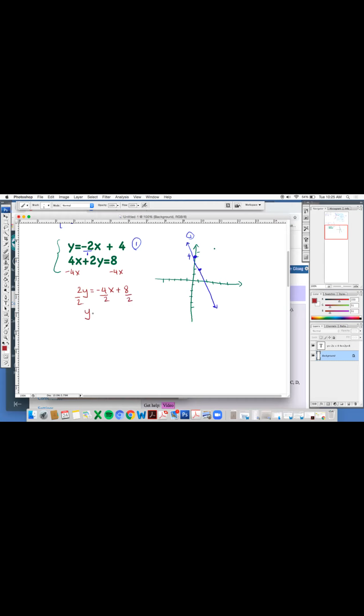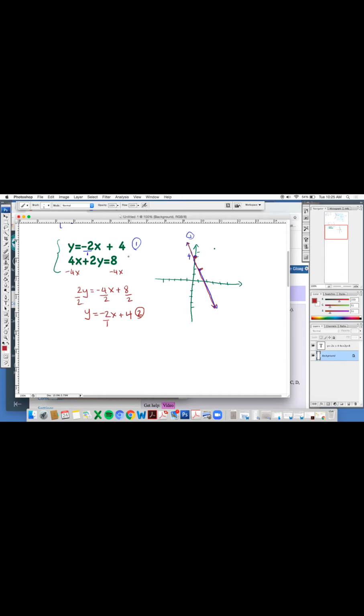I get y equals -2x plus 4. So what do you notice about the second equation? It has y equals 4 again, and the slope is also -2/1. So when I draw it, it's exactly the same line.